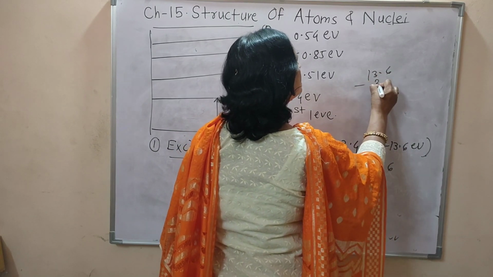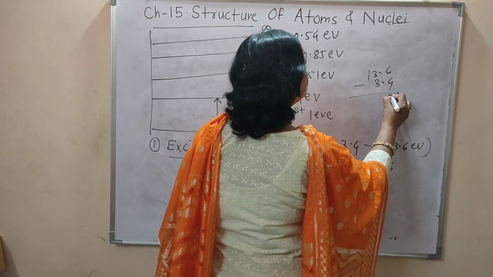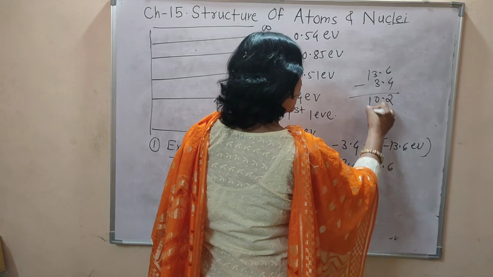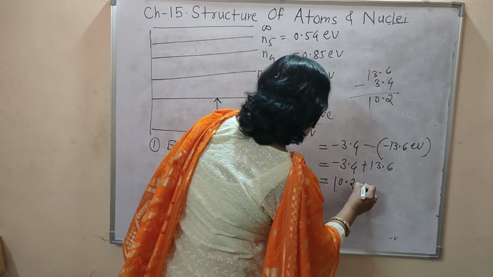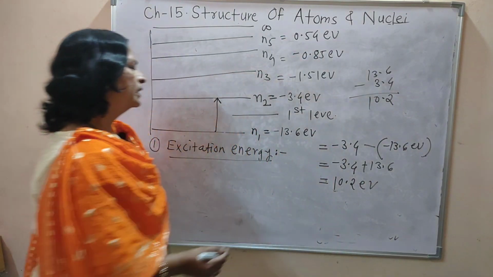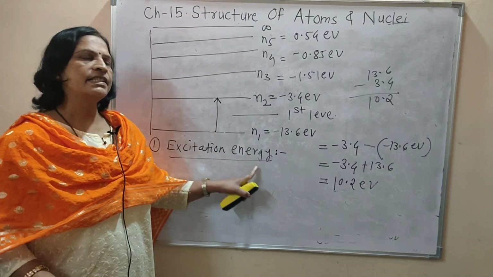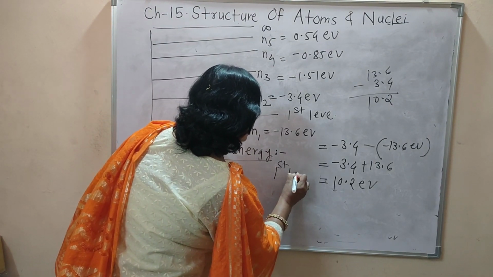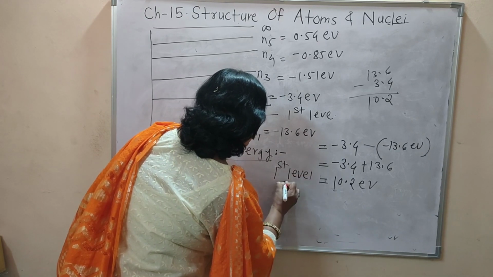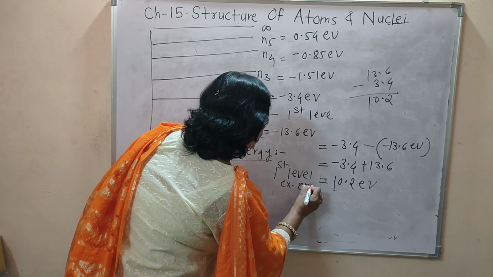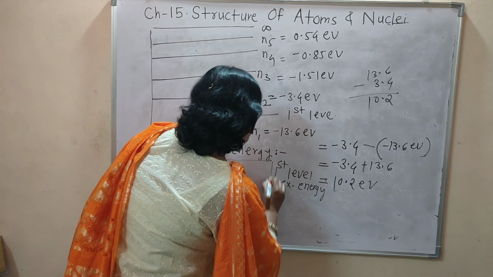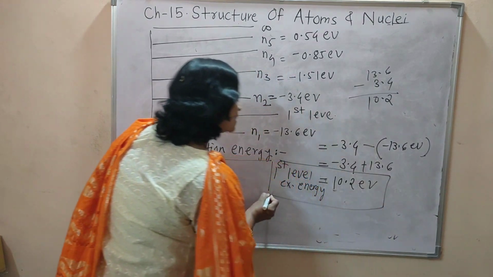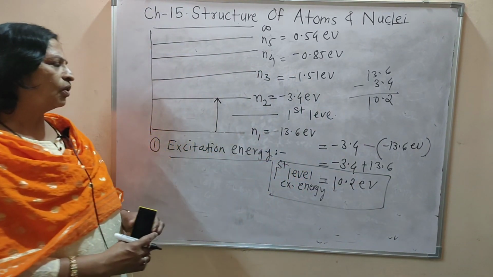That is 13.6 minus 3.4, that is 10.2 electron volt, and this is the first level excitation energy. The first level excitation energy of an electron, and its value is plus 10.2 electron volt.